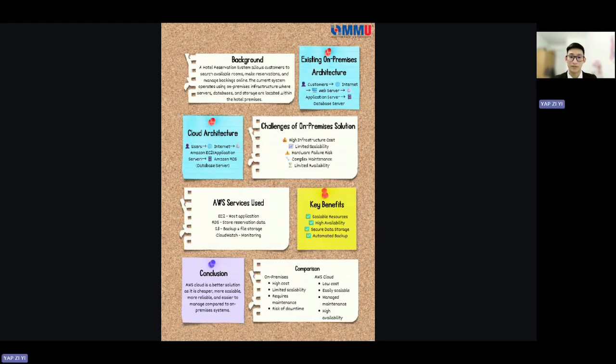The organization must implement and maintain firewalls, access control mechanisms, intrusion detection systems, and other security measures to protect sensitive customer information. This challenge demonstrates the limitations of the current on-premises infrastructure and highlights the need for a more flexible, scalable, and cost-effective solution. So this is all for my presentation. The next part will be continued by Luis.